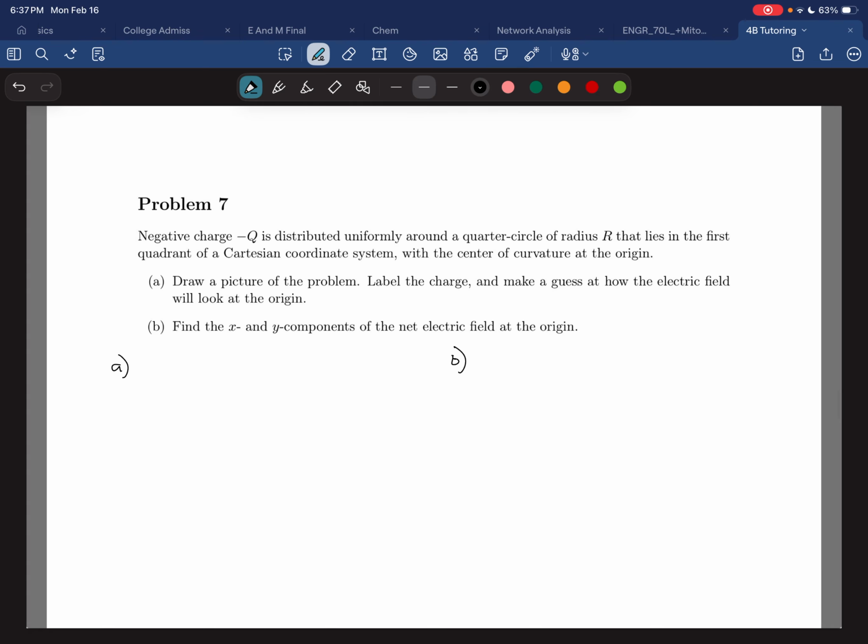So starting with problem 7, because I thought it would be sort of a good introduction to charge distributions. And the big idea here is that we will be integrating Coulomb's law of electric fields. Just like how we have Coulomb's law for a point charge, we know that when dealing with one or two or a few point charges, we can sum the contributions of their electric fields at some point and find the net electric field.